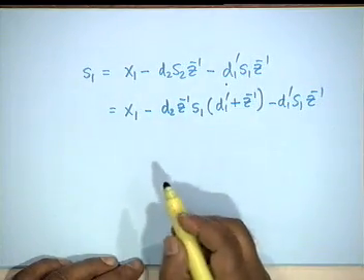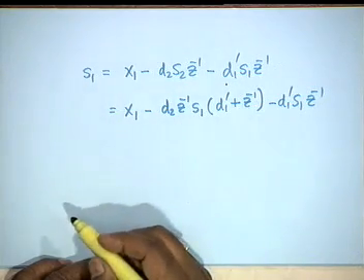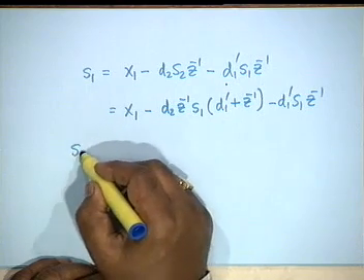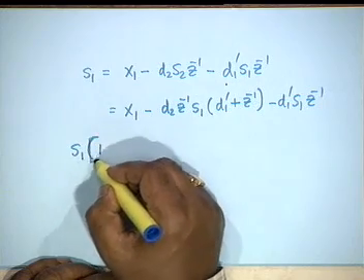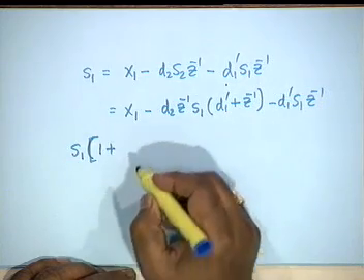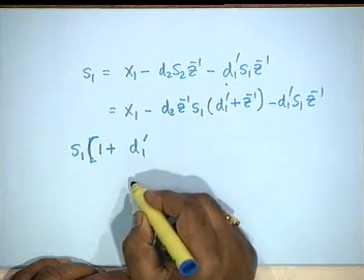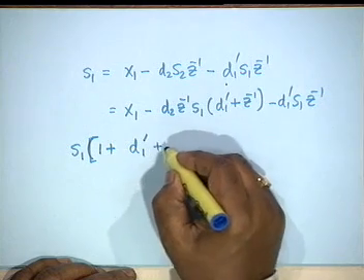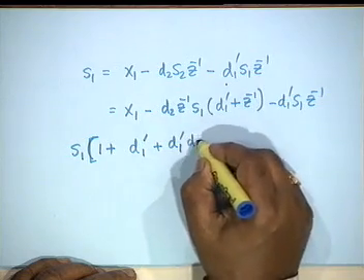So, what I do is I take S1 terms to the left hand side. What do I get? S1 multiplied by 1 plus D1 prime plus D1 prime D2.